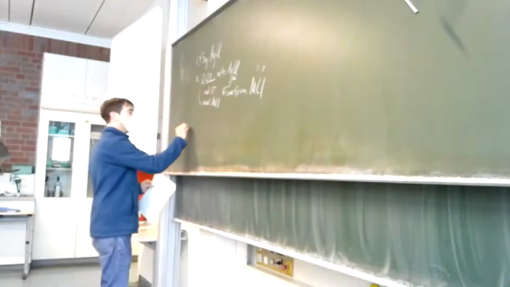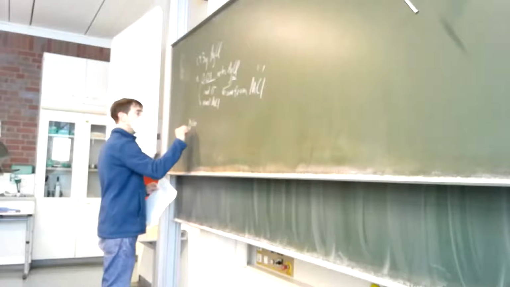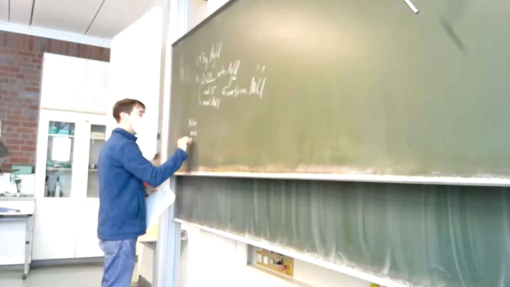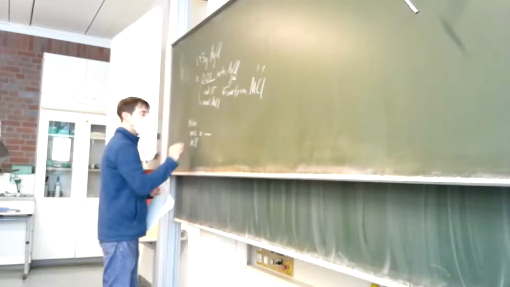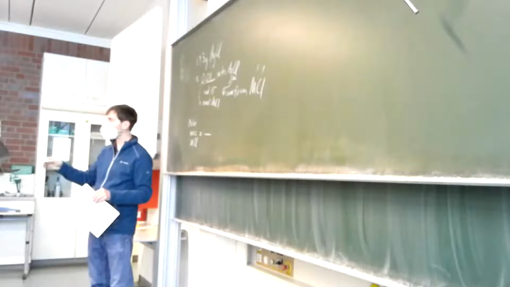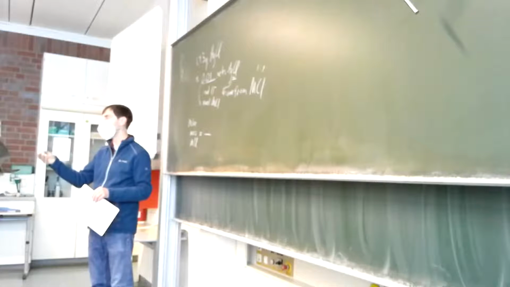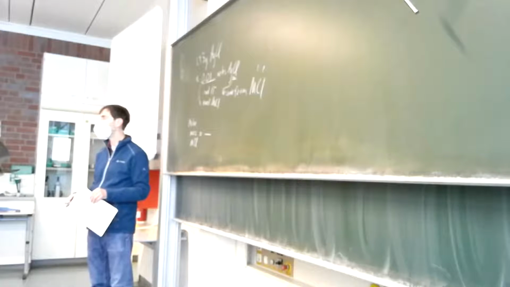Last step. We need to get the molar mass of this MCl. What's the label? A molar mass is just grams per mole anyway. Exactly.